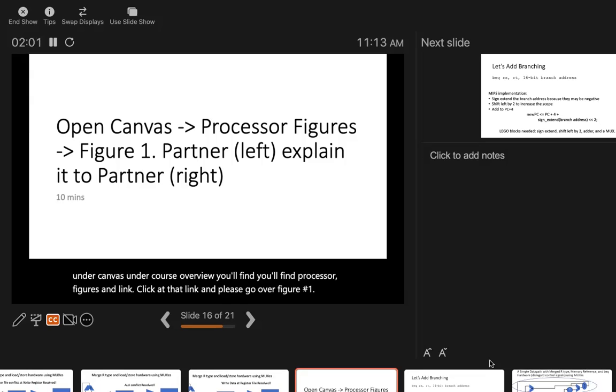Partner on the left, please explain it to the partner on the right. That's the fourth option under course overview.